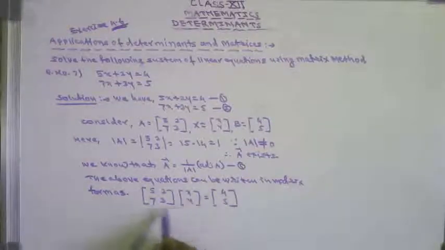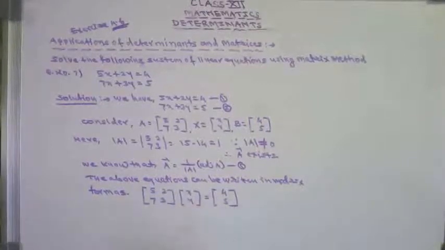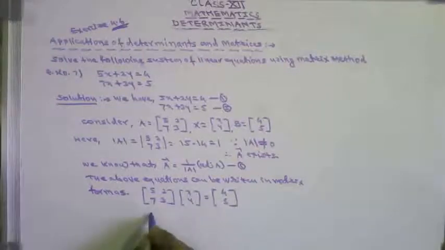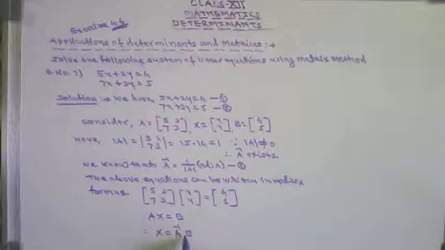By the product of these two matrices, we get 5x plus 2y equals 4 and 7x plus 3y equals 5. So that is A X equals B, and therefore X equals A inverse B.